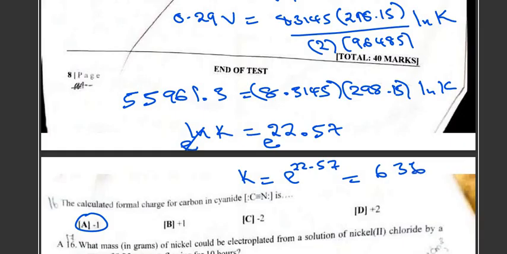It's a very big number that you get there. So I'm just going to write it as 6.4 times 10 to the power 1, 2, 3, 4, 5, 6, 7, 8, 9. So there's 9. This is the equilibrium constant.